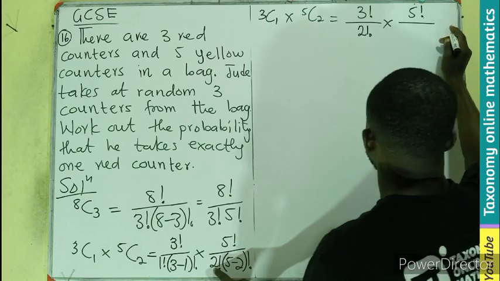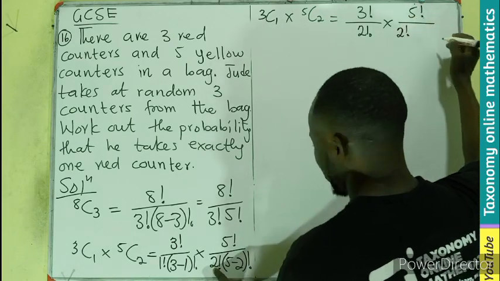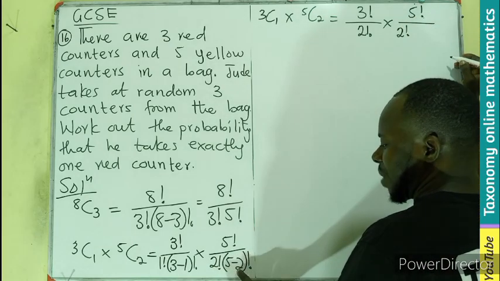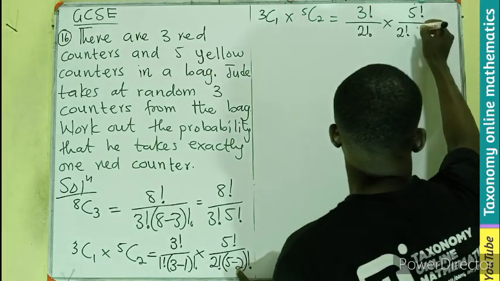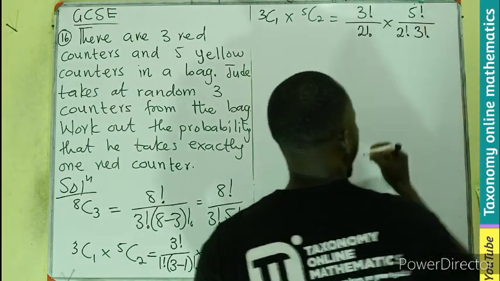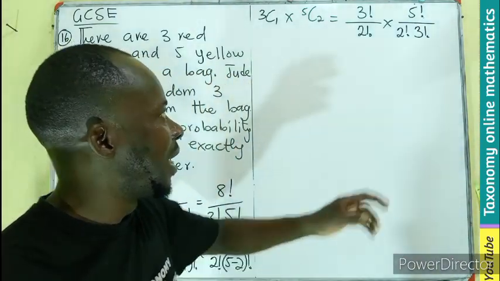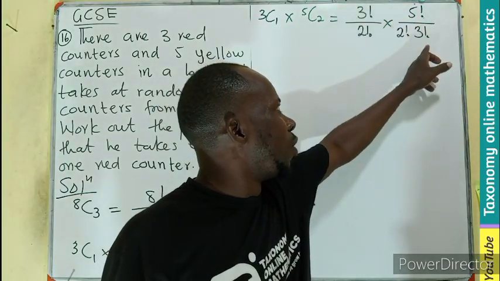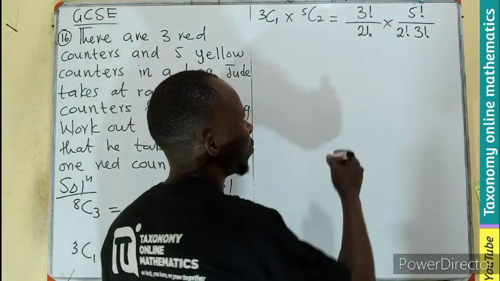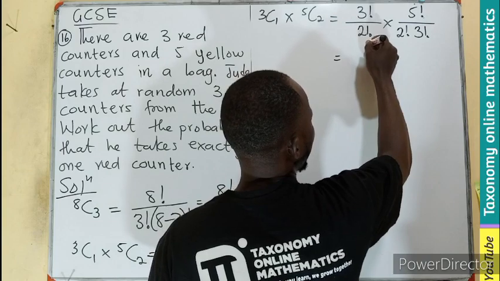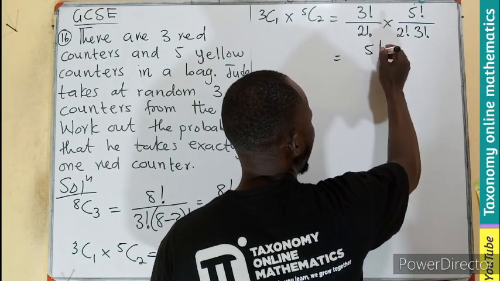In the case of this, I will still have the 5 factorial and 2 factorial. Then 5 minus 2 will be 3, so 3 factorial. But you can see from here that numerator and denominator will cancel. So I'll be left with only 5 factorial in the numerator.